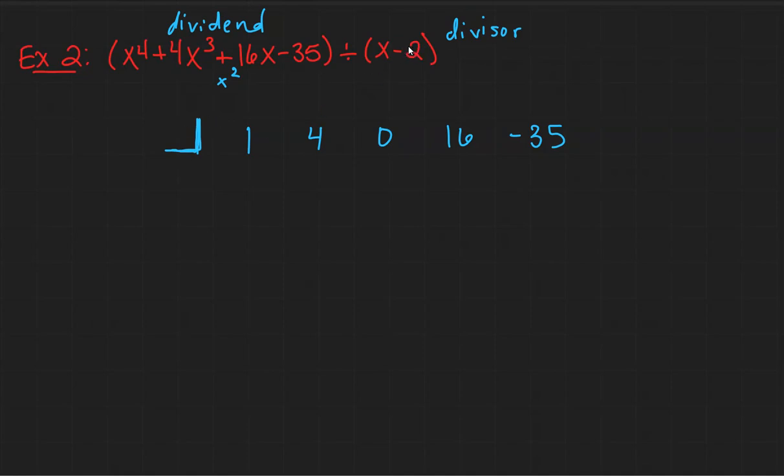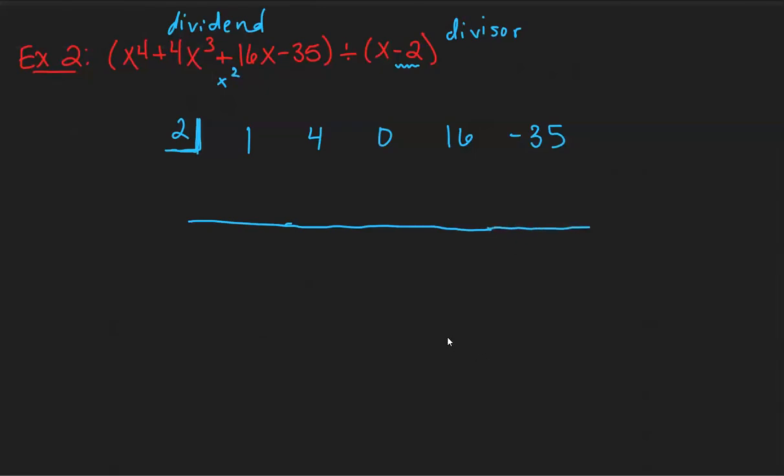We're going to put on the shelf, not the elf, but the opposite of the constant term of our divisor. So that's 2, positive. Okay, so this is a positive 2, but we're not going to have the positive there because it's implied. Okay, and then let's draw our horizontal line. Whatever falls below our horizontal line will be our answer.